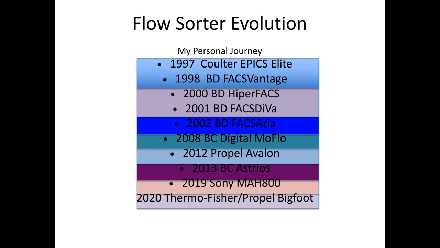Each of these instruments at the time had unique stellar features that were then carried forward in the next set of instrumentation. And along that, it also tells a story about how I ended up using different instrumentation from different manufacturers, what their pros and cons were, and why we're using what we have now.